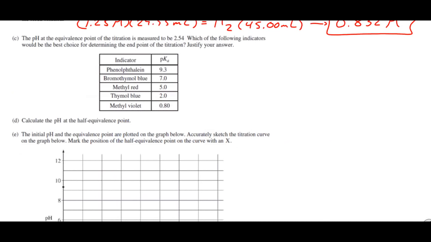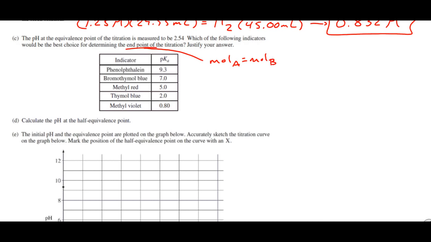All right, the pH at the equivalence point of the titration is measured to be 2.54. Which of the following indicators would be the best choice for determining the end point of the titration? Justify your answer. We want an indicator that changes color at a pH that helps us know when that endpoint is. And an endpoint is when my moles of my acid equals the moles of my base. That's very important.